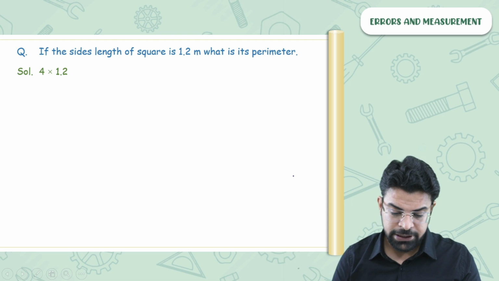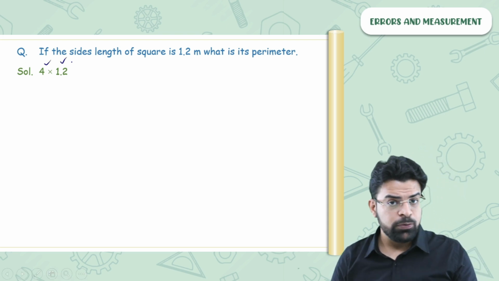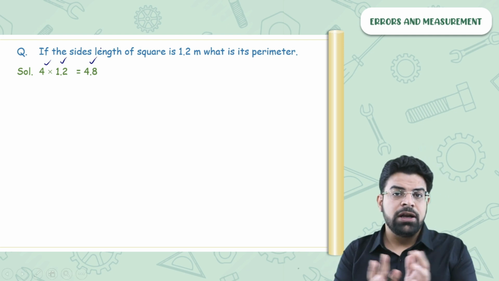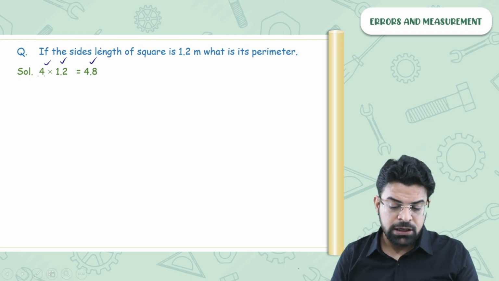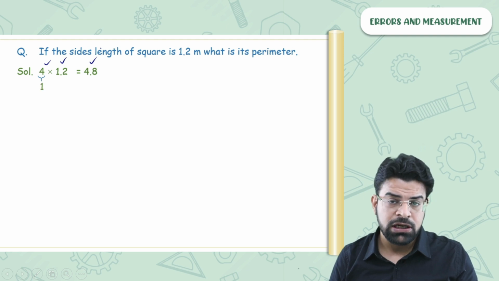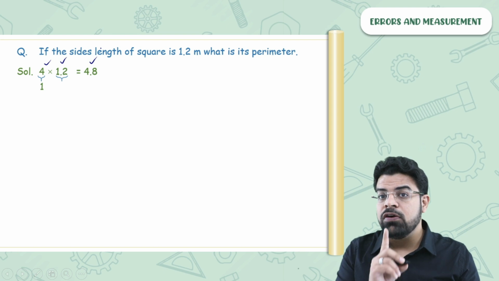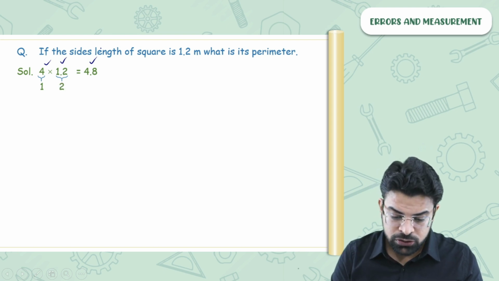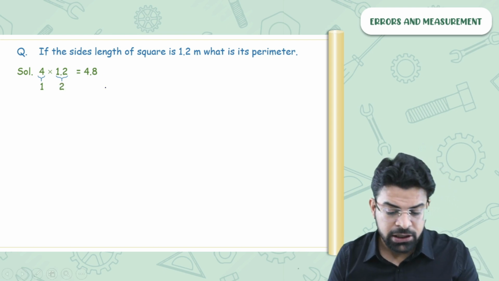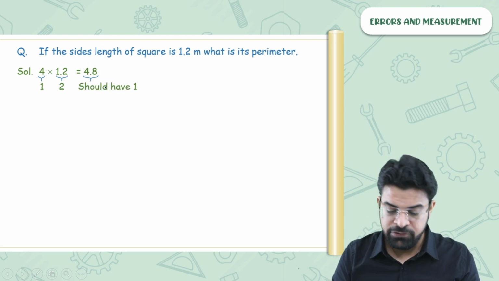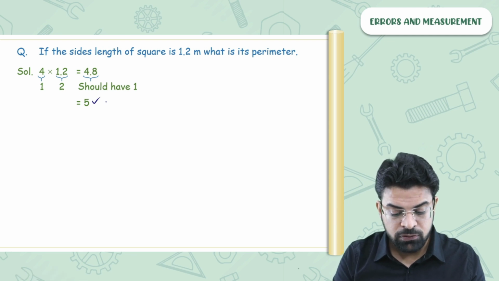So here the perimeter will be 4 times 1.2, which when you do the basic maths, you get 4.8. The number of significant figures in 4 is 1 and in 1.2 is 2. So the answer should have how many significant figures? 1. So what we do here is round off 4.8 so that we get only one significant figure, and that will be equal to 5.